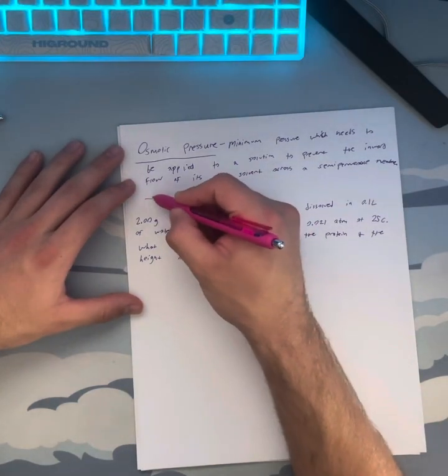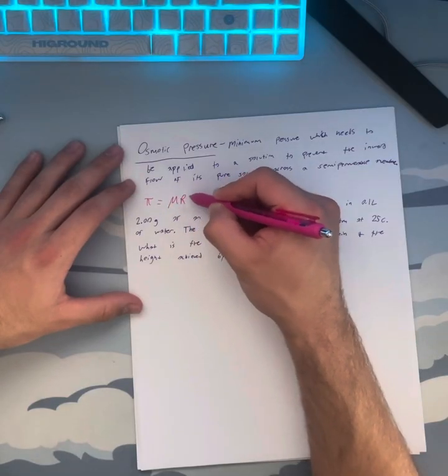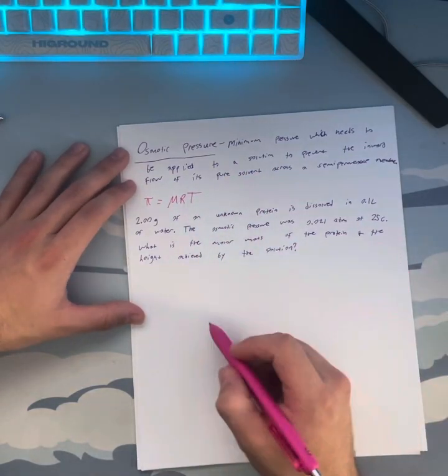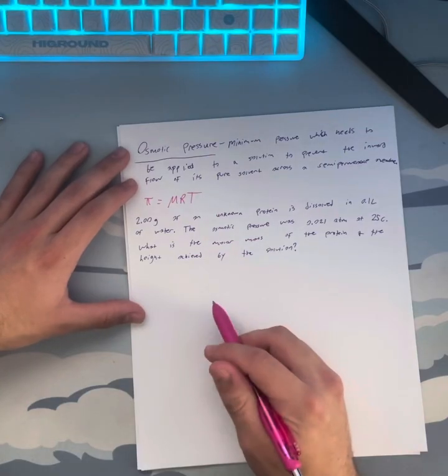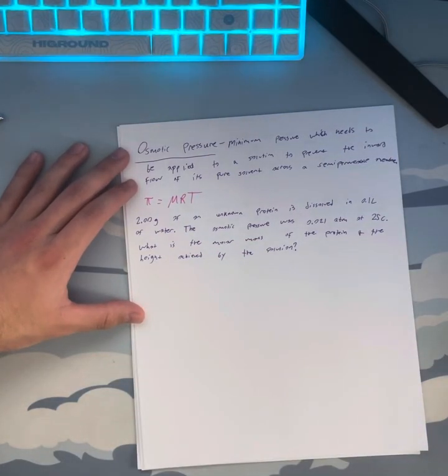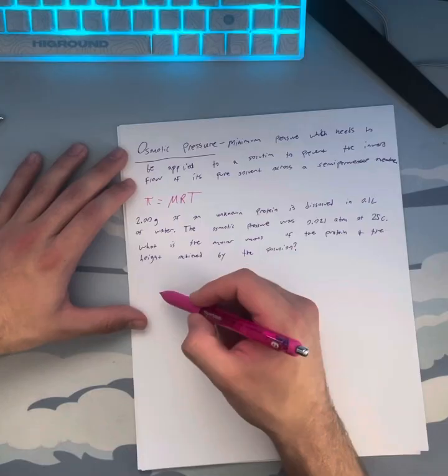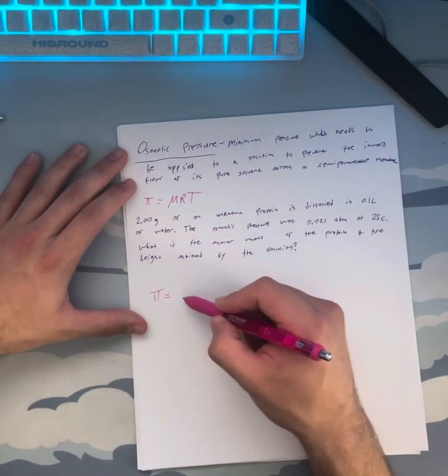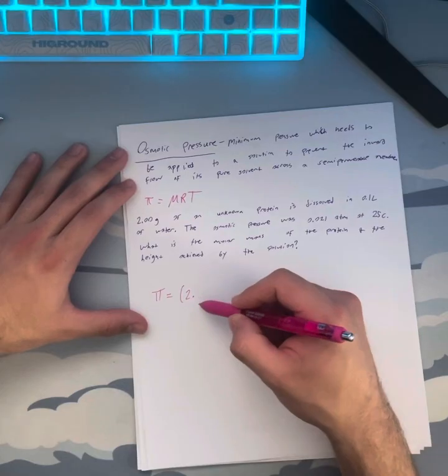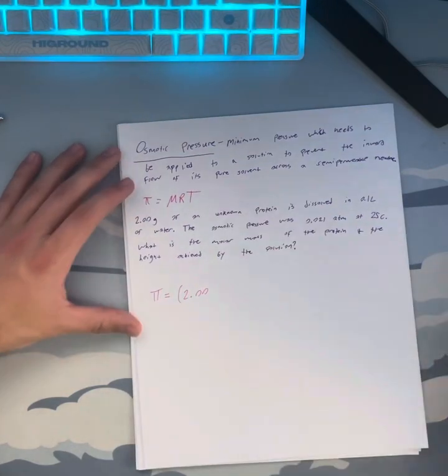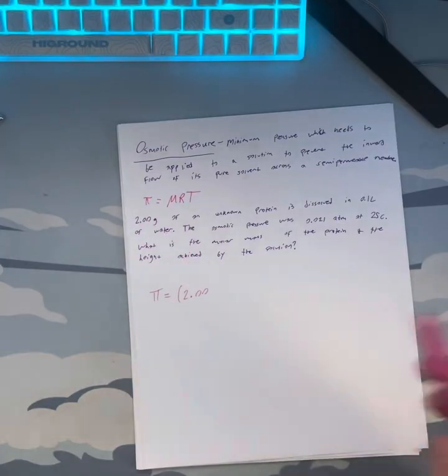This is our formula, MRT. So here we'll have 2 grams of solute from right here.